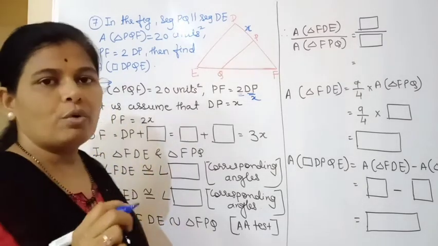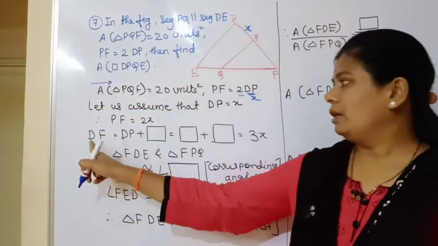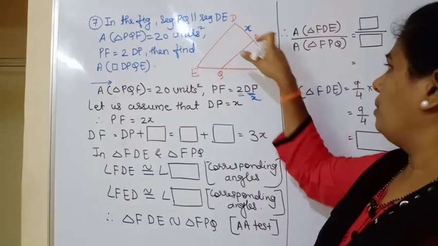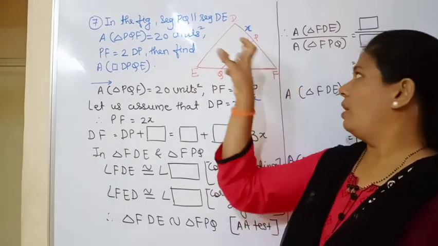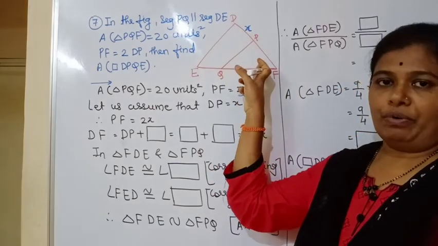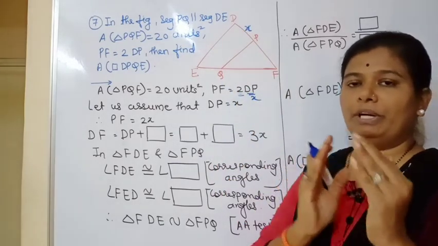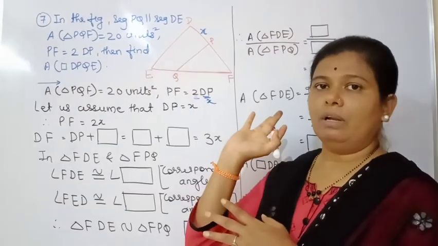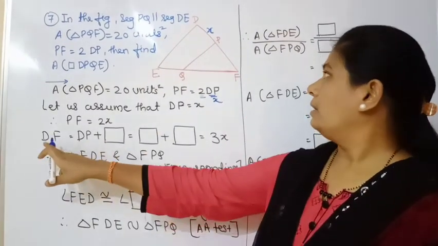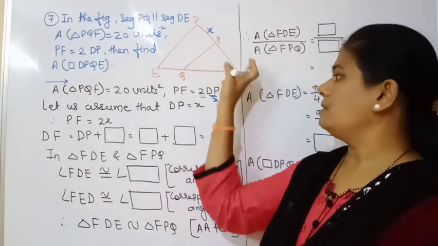Okay. Now what we have to find? We have to find DF. Now you can see DF in the diagram or the figure. DF means what? DP plus PF. You will get DF when you add DP and PF. So we have to add: DF is equal to DP plus PF.